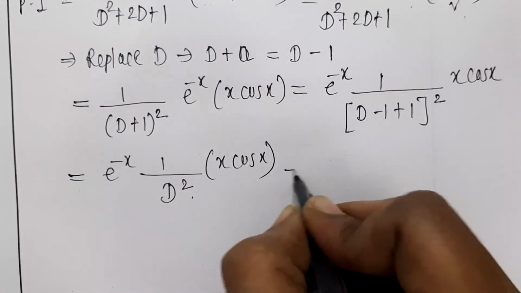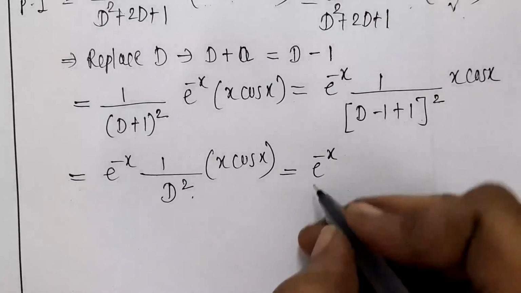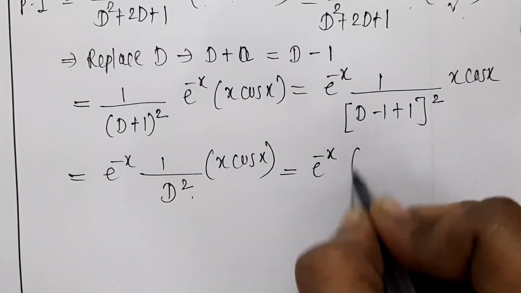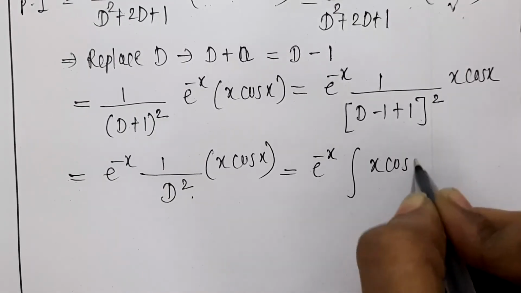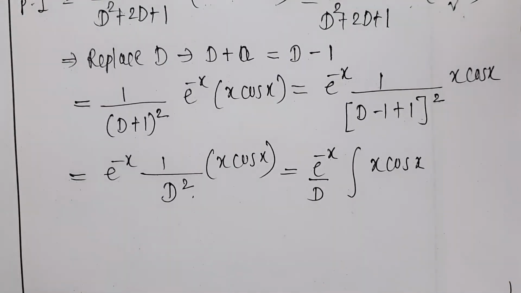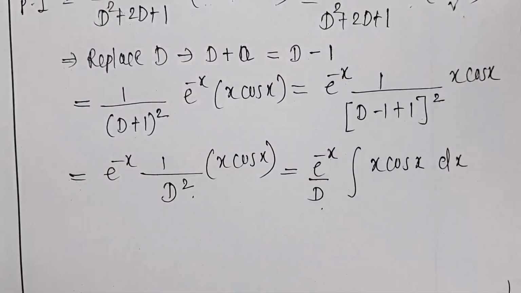So it is equal to e to the power minus x. I am telling you both ways: e to the power minus x as it is, integration of x into cos x, and 1 upon D remains as it is. So e to the power minus x by D as it is, x into cos x integration.